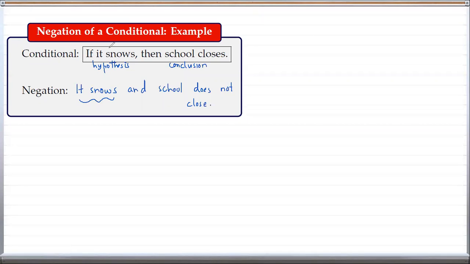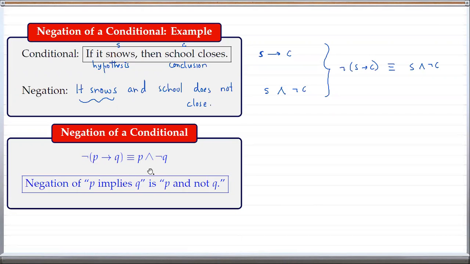So the conditional doesn't apply, and this is the negation of the conditional. Now to write in symbolic form, we can let this be S, and we can let school closes be C. So we have S implies C. Then the negation part: it snows, we have S. School does not close, we have and, not C. So from here we can see the negation of the conditional S implies C is simply S and not C. So that's what we have over here written a little bit formally.